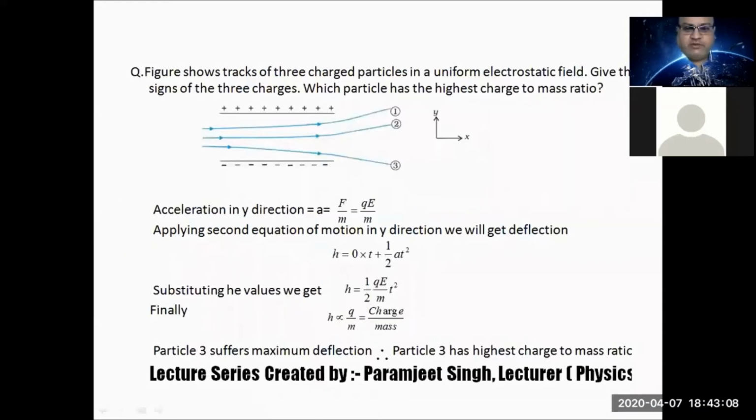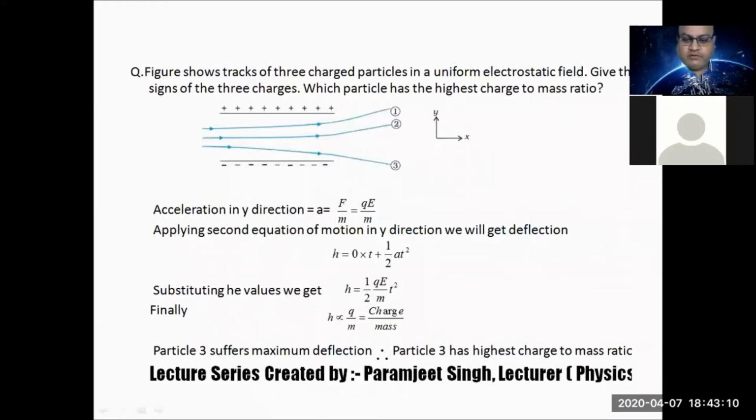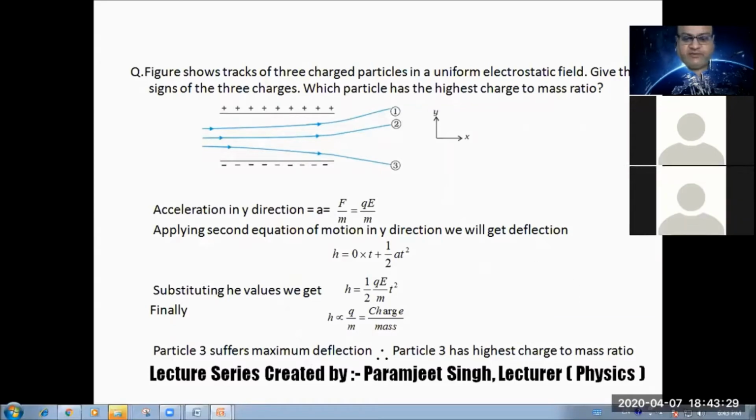Next, another very important numerical. This figure shows tracks of three charged particles. See this figure.